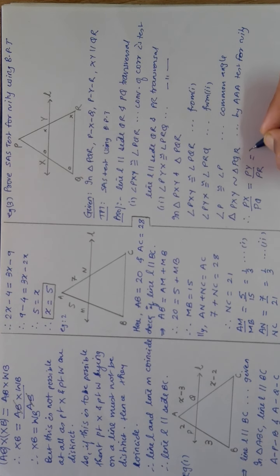That also I am writing here. All this I will explain later on, how I take correspondence. These are corresponding sides of similar triangles. Got it? I hope up to here it is clear. I have shown the two triangles similar using the AAA test.